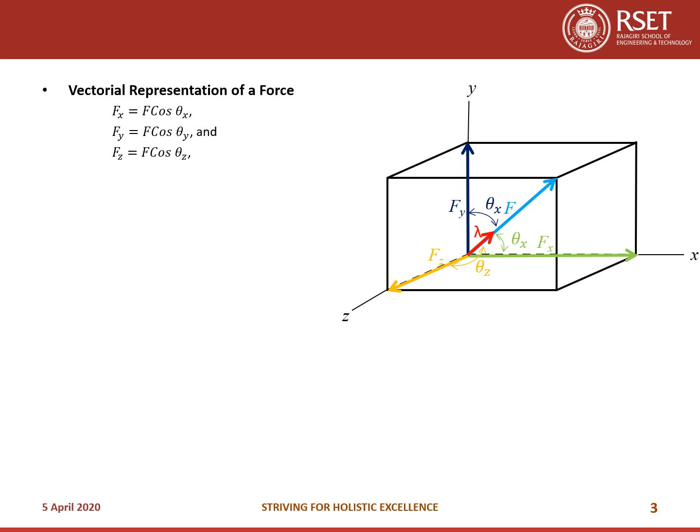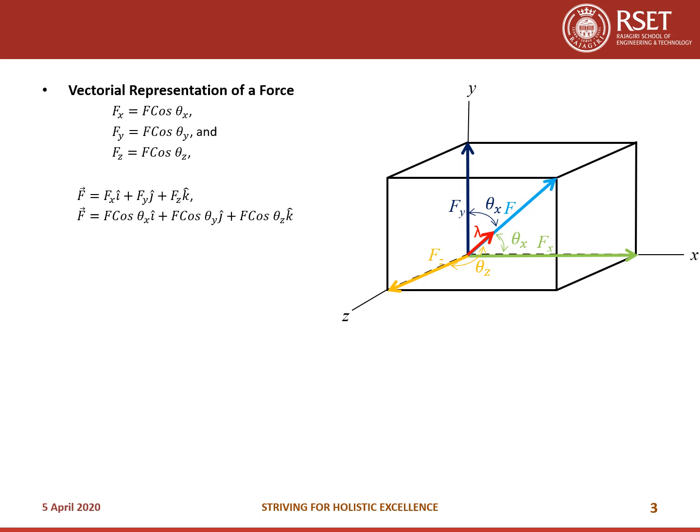Now if you have got all the three components, and you know that i, j and k are the unit vectors along the x, y and z directions, then you can write the force vector F as Fx i plus Fy j plus Fz k. This is how you represent the force in vector form. Now what is Fx?